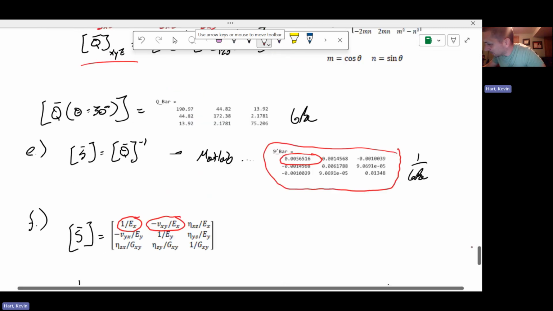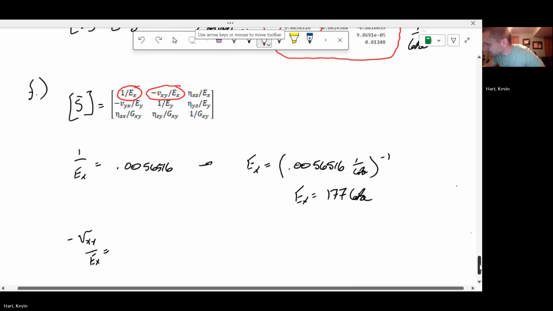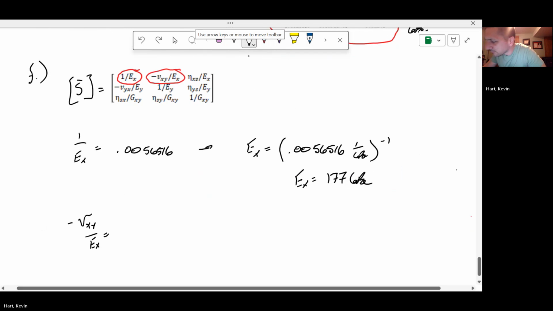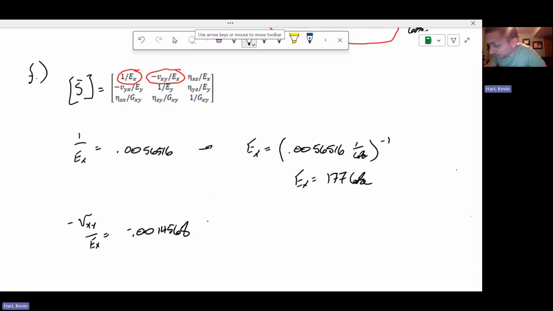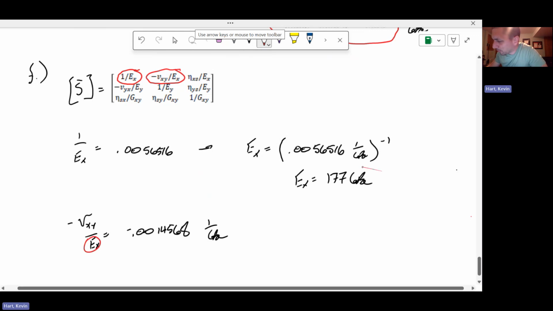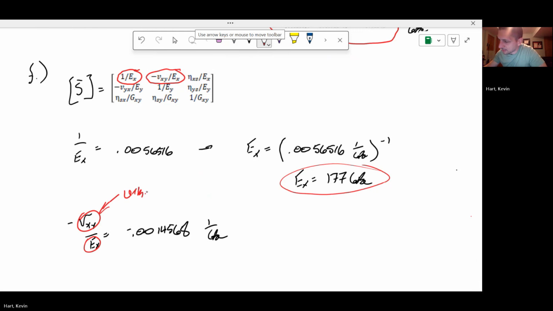Okay, so the 1-2 entry is negative 0.0014568, 1 on GPa. We have EX, we know that from before, so 177. So the only unknown here is this, so you can solve for Poisson's ratio, which in this case is going to be 0.258.